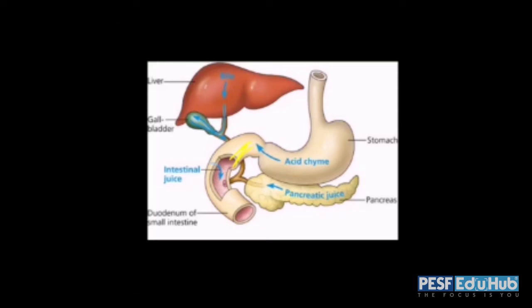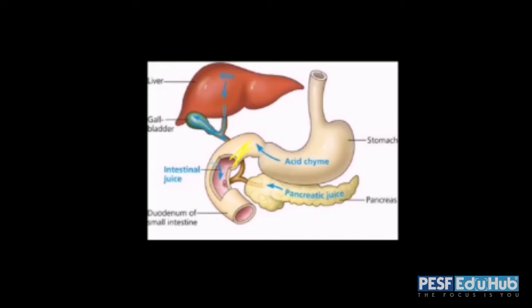When fat is changed into small spherical droplets, the enzyme from pancreatic juice, called pancreatic lipase, acts on those small spherical fat droplets. That lipase converts lipid into fatty acid and glycerol. One lipid contains 1 glycerol and 3 fatty acids.